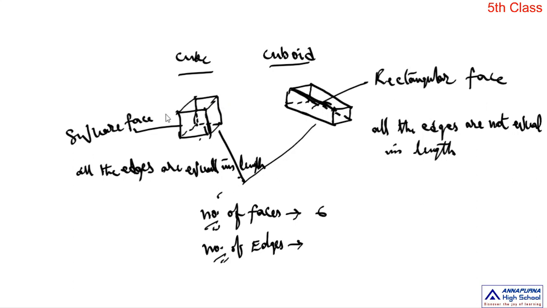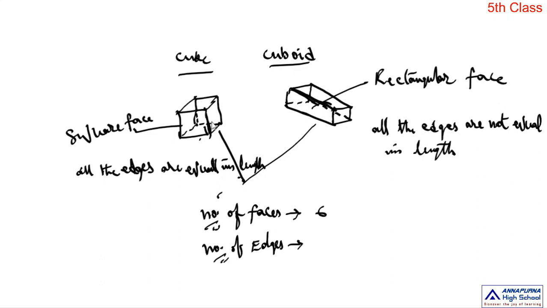Like that, how many edges are there? Count. 1. Why? Because this face and this face are meet at this point. 1, 2, 3, 4, 5, 6, 7, 8, 9, 10, 11, and 12.